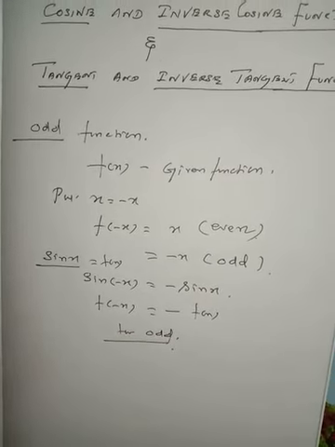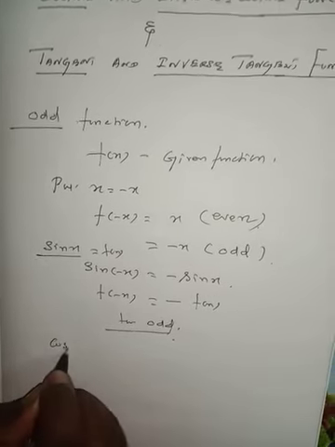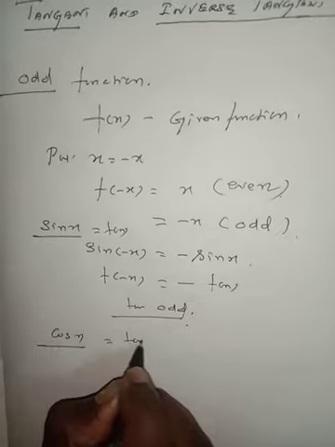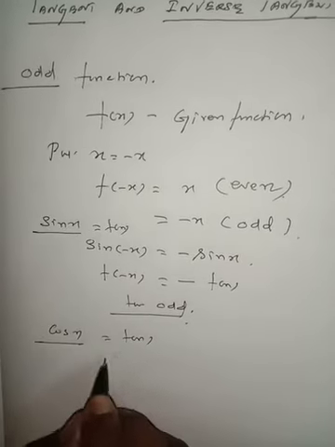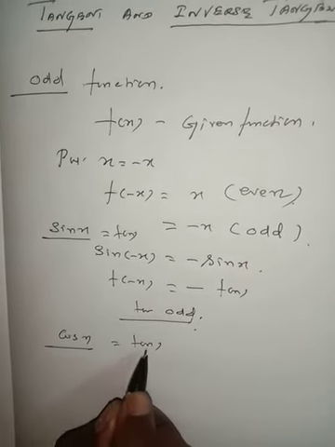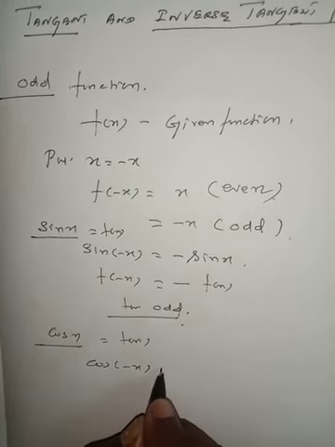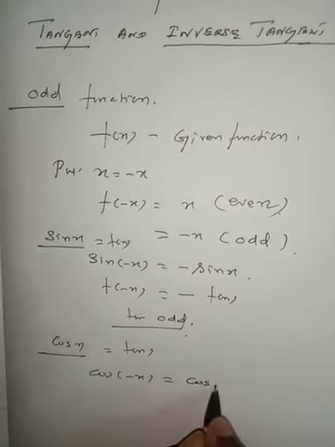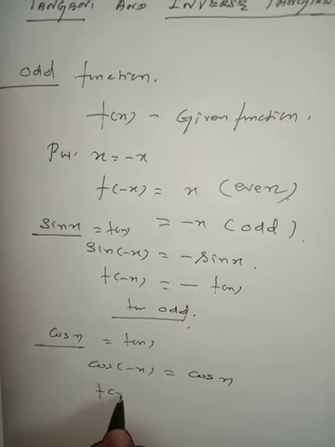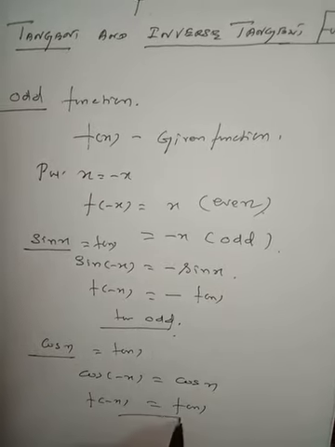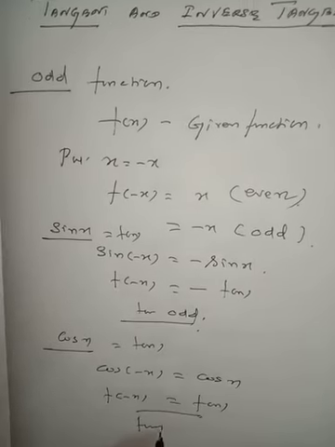Next, we take the cos function. Cos x is equal to f of x. Now put x is equal to minus x. Therefore, cos of minus x is equal to cos x. f of minus x is equal to f of x. The function is even.